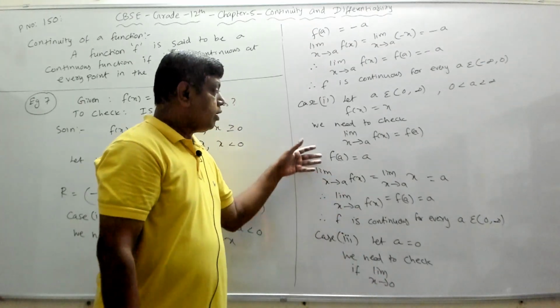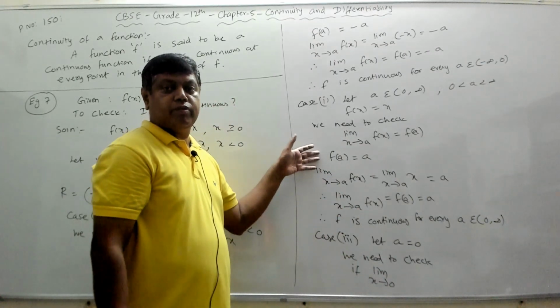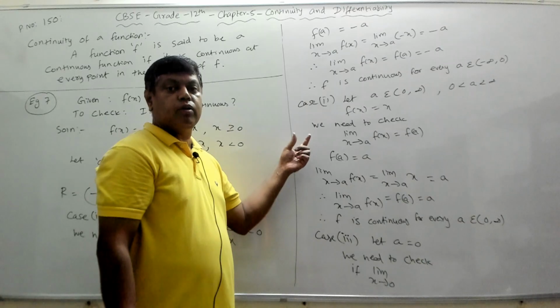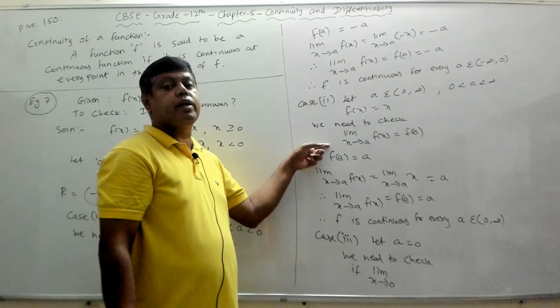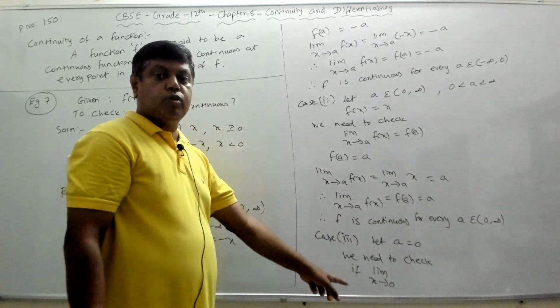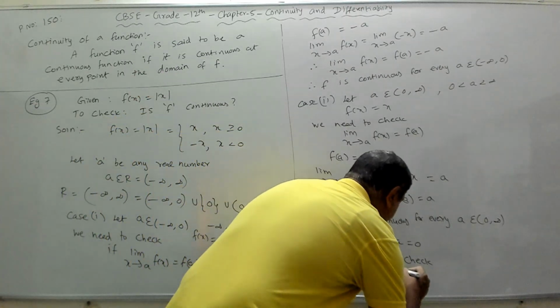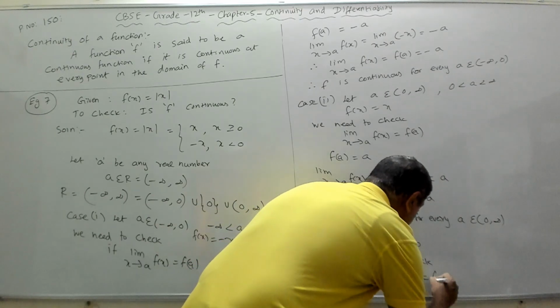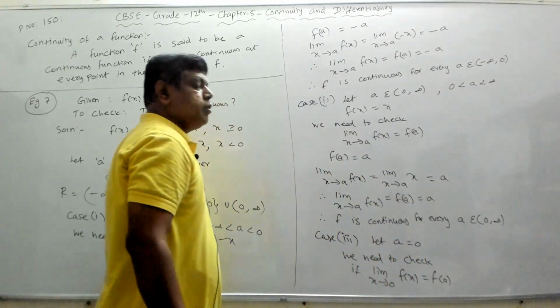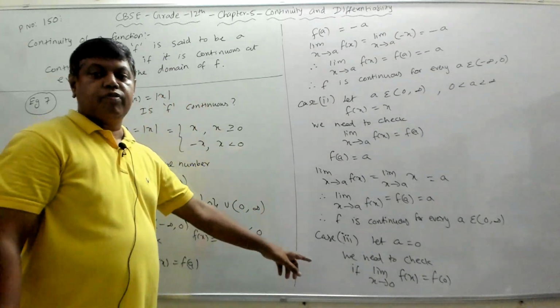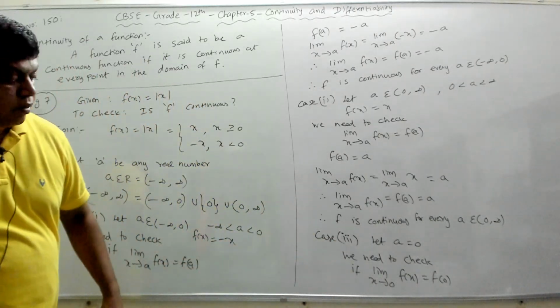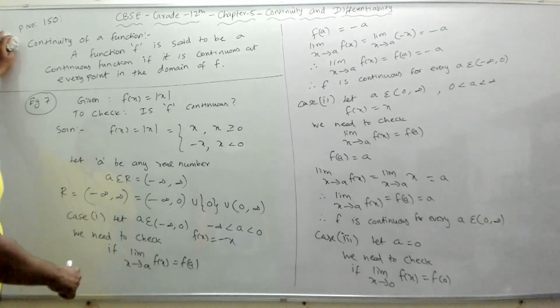Before, a was not a particular value, it was a group of values, so we couldn't substitute a particular value for a. But here we know that a is 0, so we are putting a as 0. Limit x goes to 0, f of x equal to f of 0. This is what we have to check, to check if f is continuous at 0 or not. Fine. So I'll erase this.